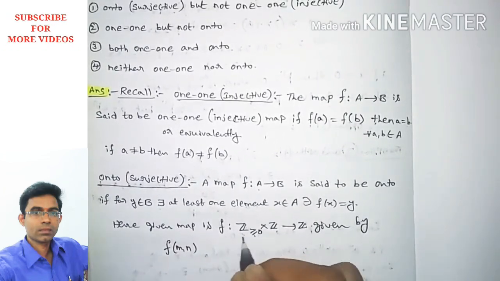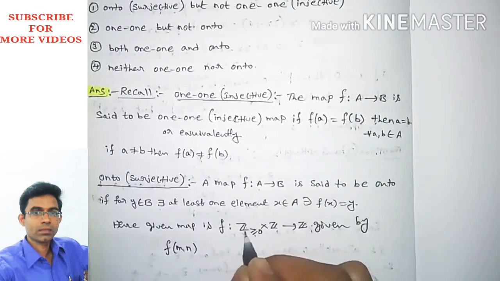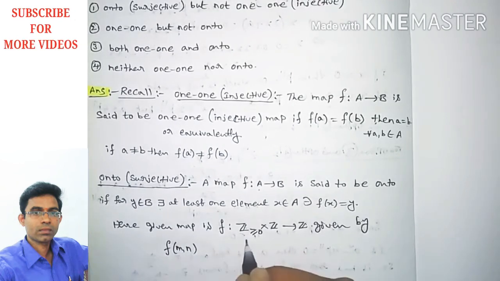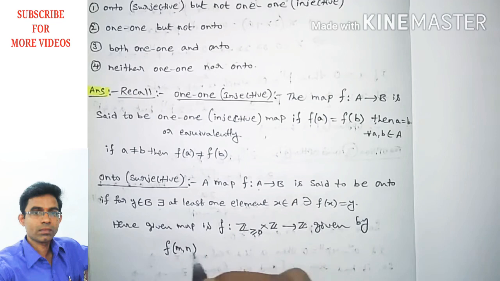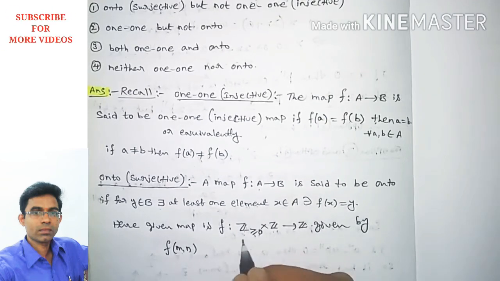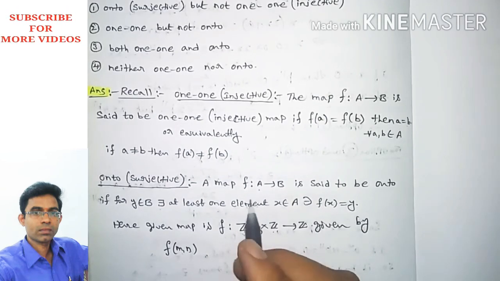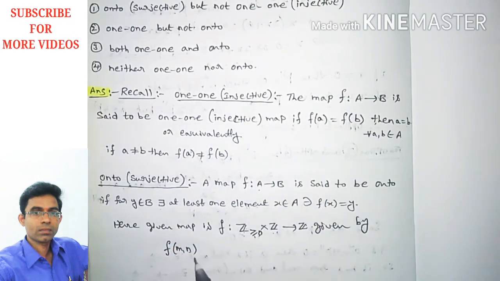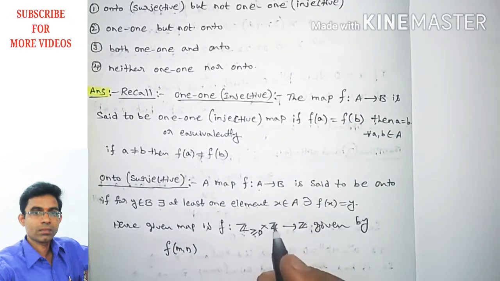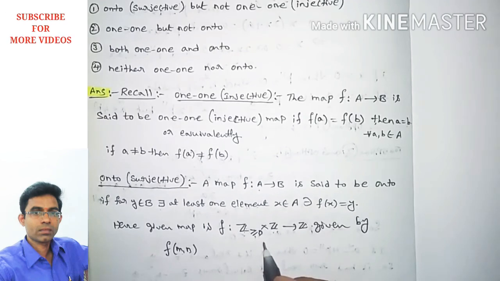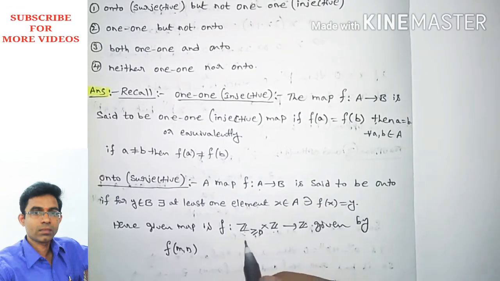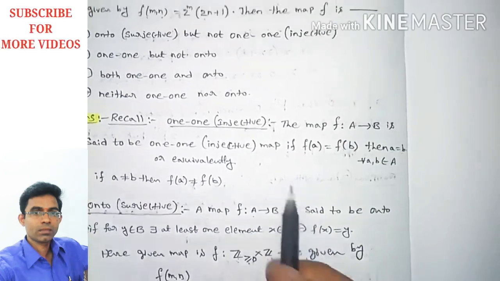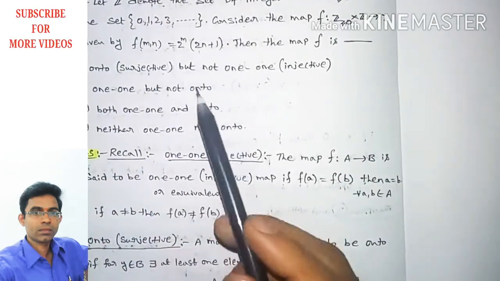Because this is a Cartesian product, the domain contains the set of all ordered pairs (m, n), where m belongs to Z greater than or equal to 0 and n belongs to Z. Your m values are 0, 1, 2, 3 and so on, and n values are integers, either positive integers, negative integers or 0. Because here Z greater than or equal to 0 means the given set is 0, 1, 2, 3 and so on.